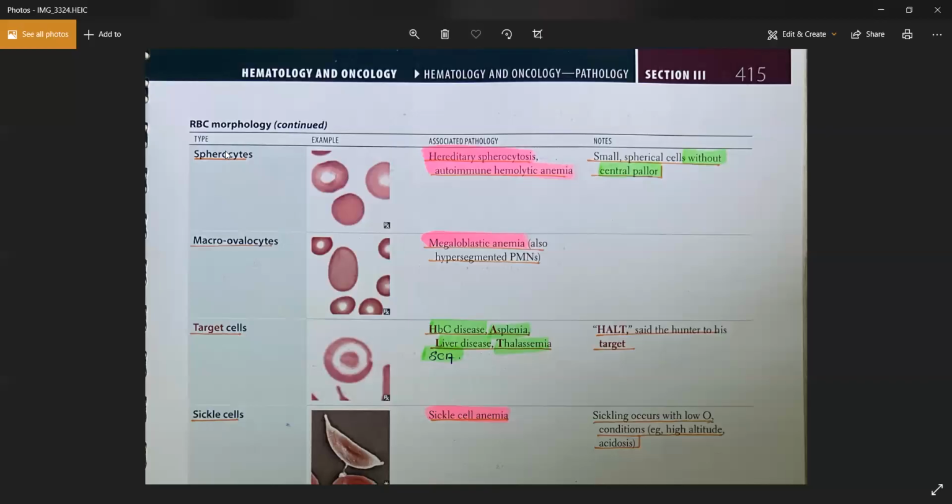Sometimes it could be, sometimes it could not be. Osmotic fragility test. I'm asking just based on the PBS, no other test, just by looking at the slides. The size of the cell, like they are a bit larger in hereditary spherocytosis. No, size will be the same. Both spherocytes are of approximately the same size.